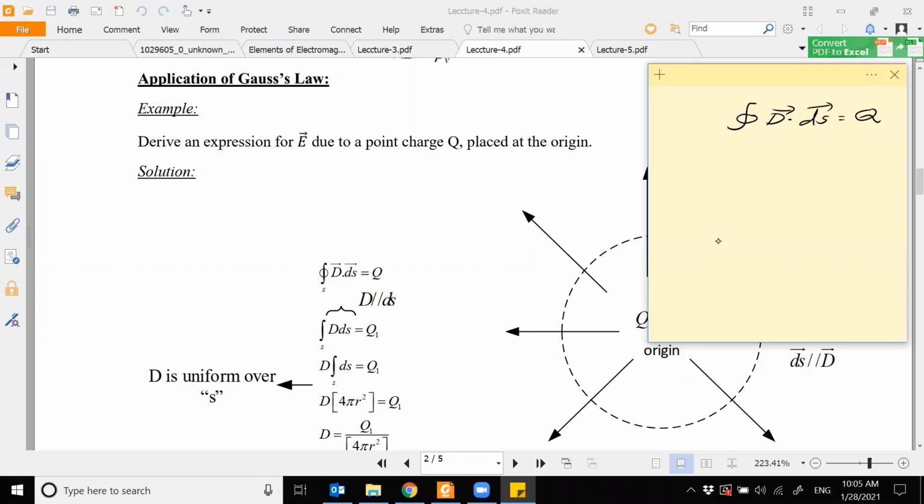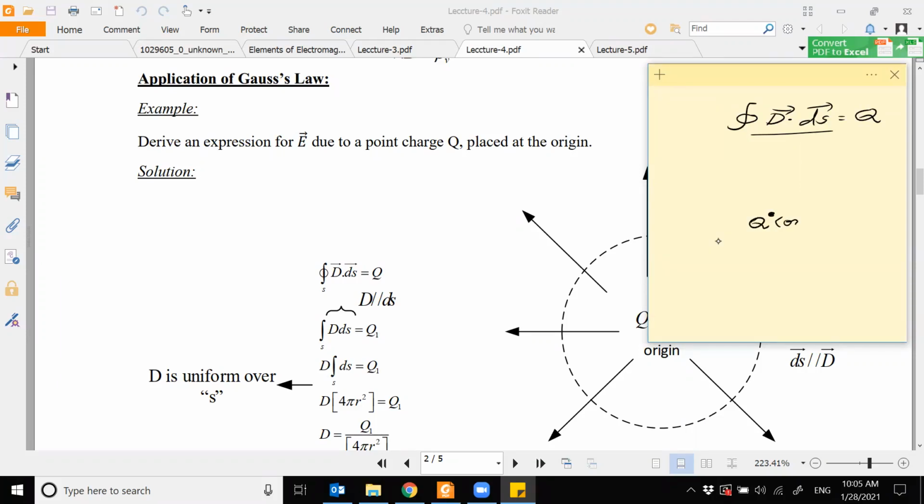That is, the closed surface integral of my electric flux density is equal to the charge which is enclosed in that closed surface. Now here you have the point charge, which is placed at the origin.